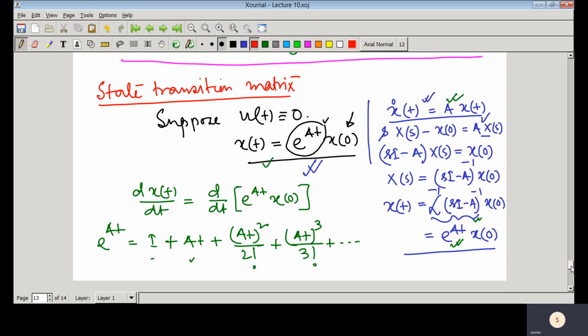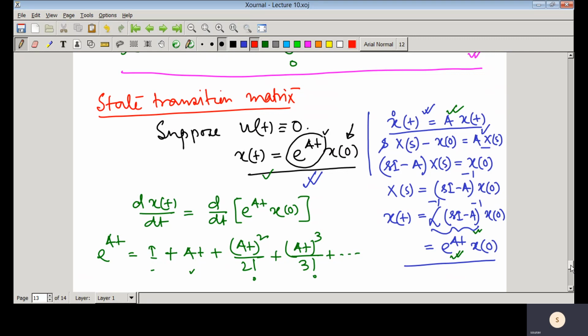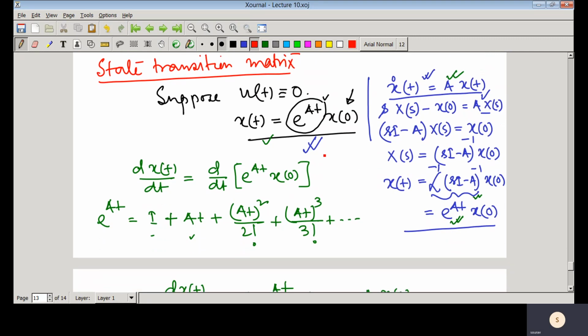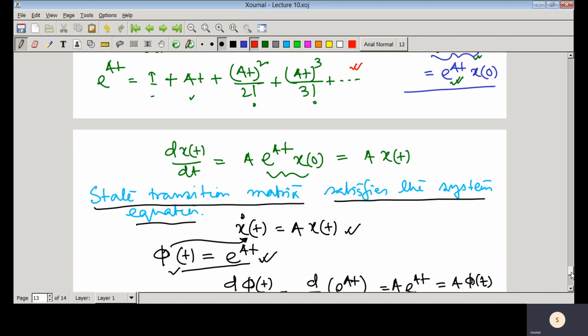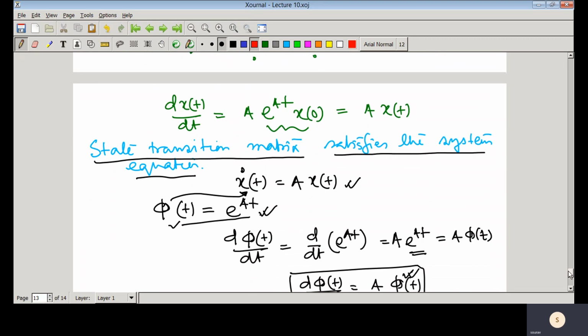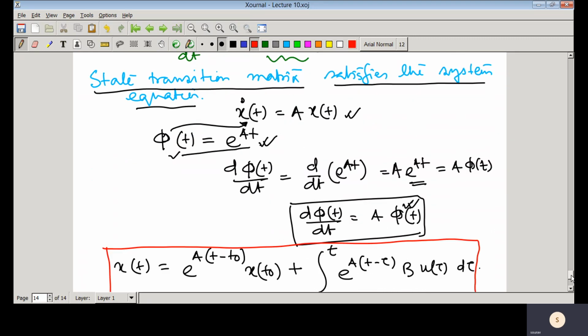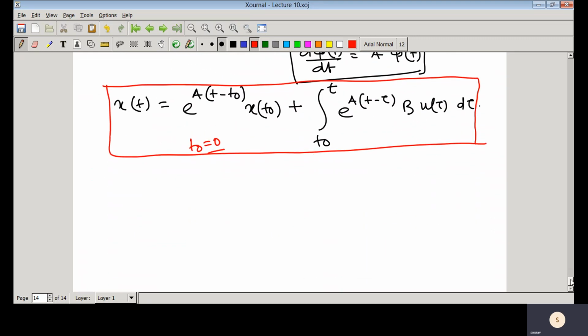We found two important properties. First, this is an exponential matrix, and we have seen that the state transition matrix also satisfies the system equation. So let us solve one example and then we'll stop today's class. Let us see how to find the state transition matrix.